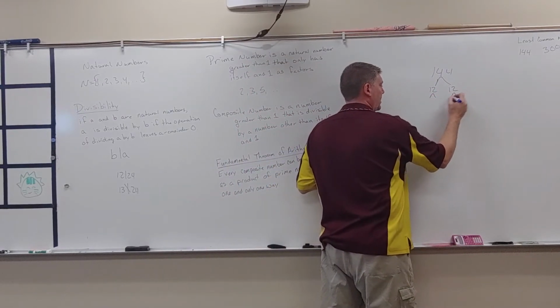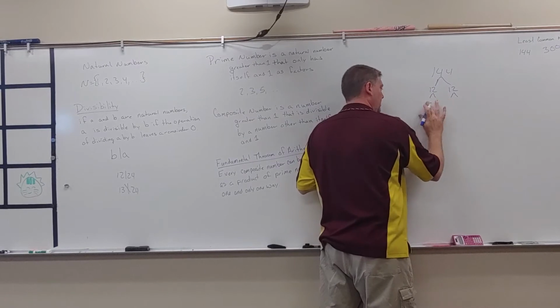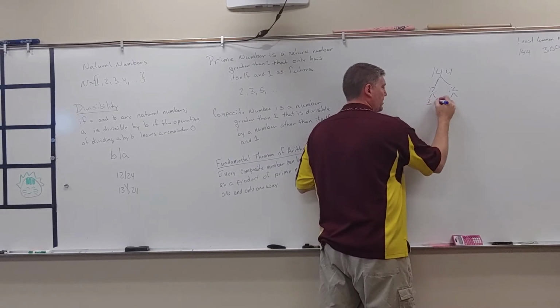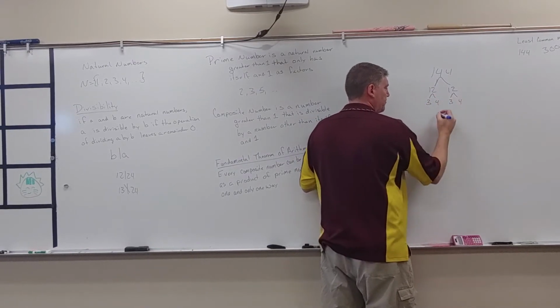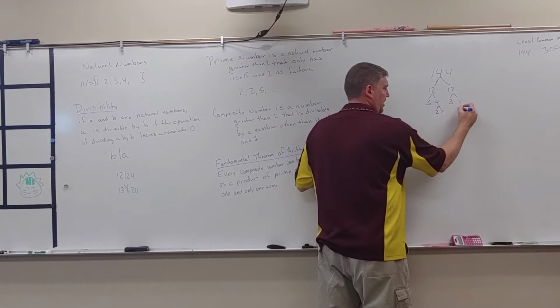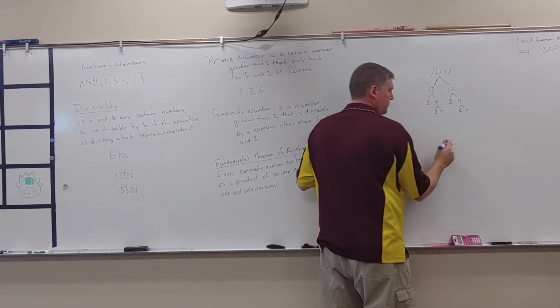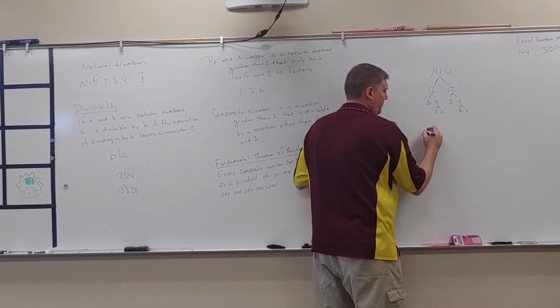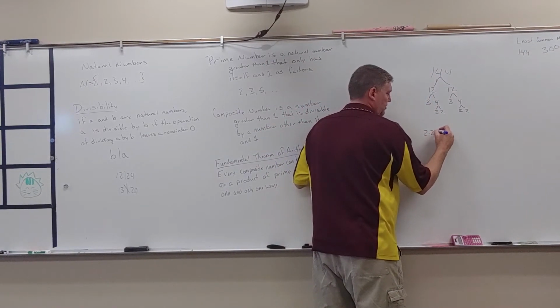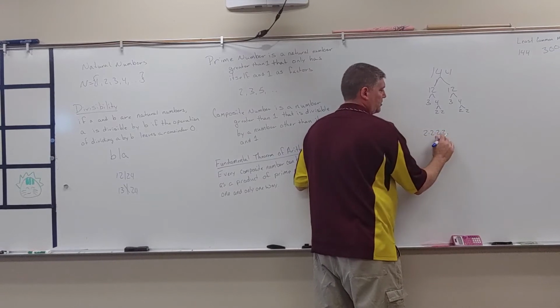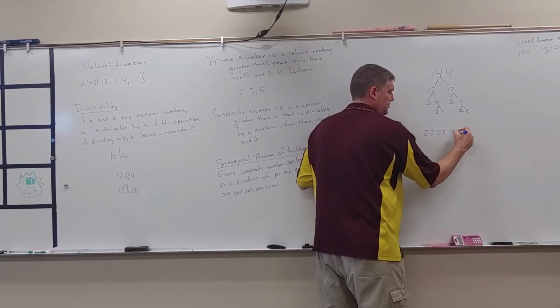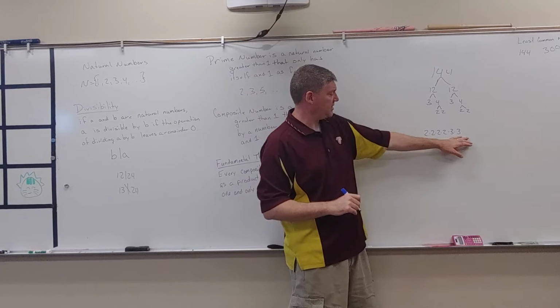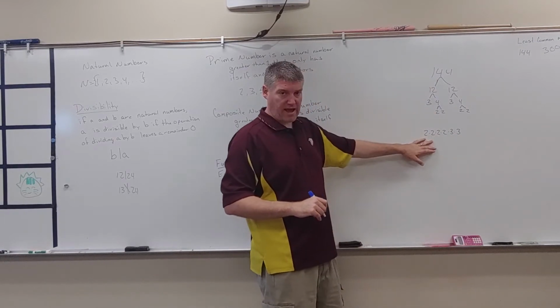Well, 12 breaks up into 2 times, let's go 3 times 4, 3 times 4, and then 4 breaks up into 2 times 2 and 2 times 2. If I would have done 2 and 6, I would have gotten the same thing. So 144 is 2 times 2 times 2 times 2, so there's 4 2's there, times 3 times 3. So this is 144 factored.